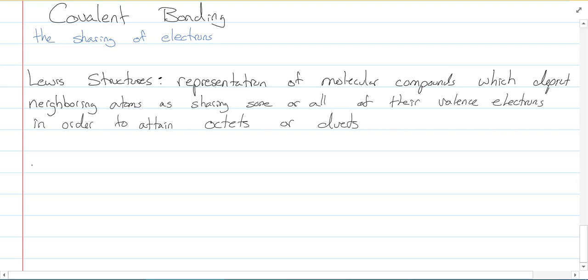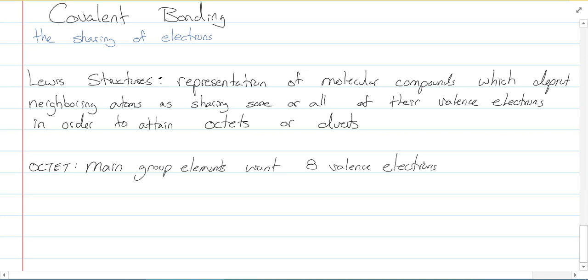Octet sounds like 8. So an octet is that main group elements want 8 valence electrons to fill their valence shell, which makes them isoelectronic with a noble gas.